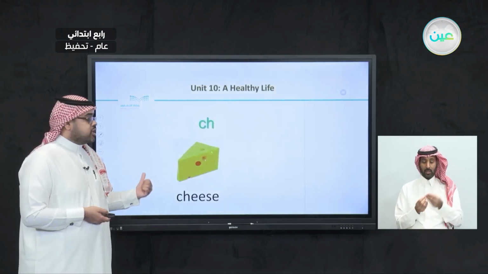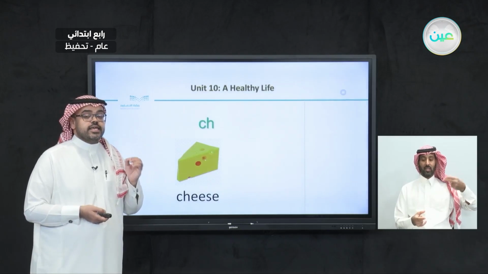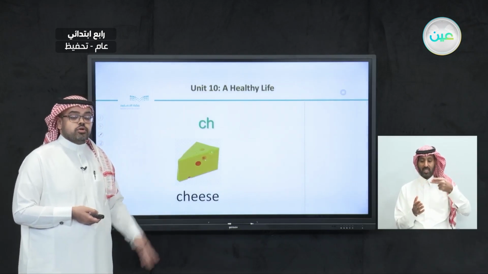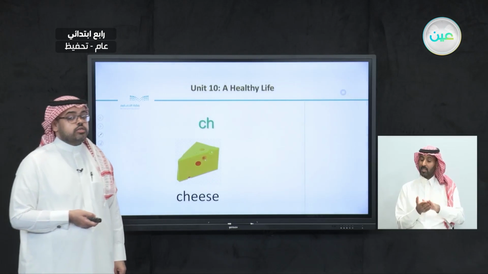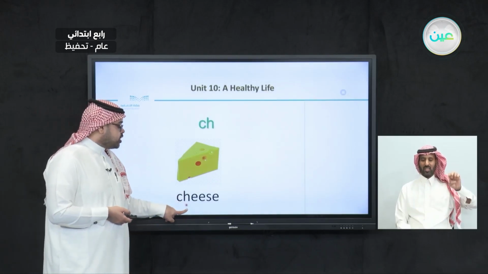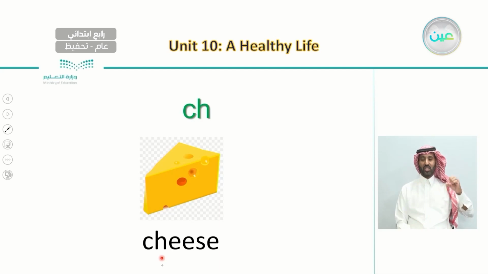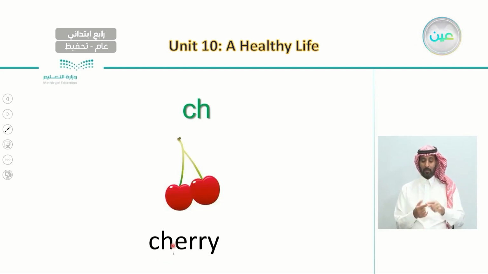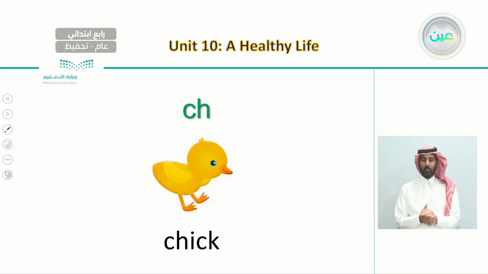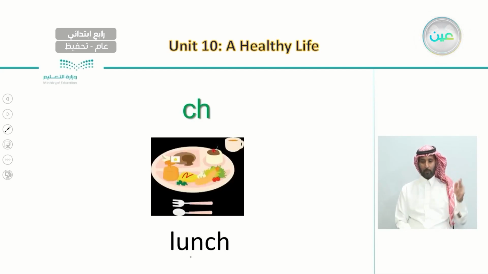Now let's get to know words with C and H. The first word we have here with C and H is cheese. Say after me, cheese. Cherry. Check.